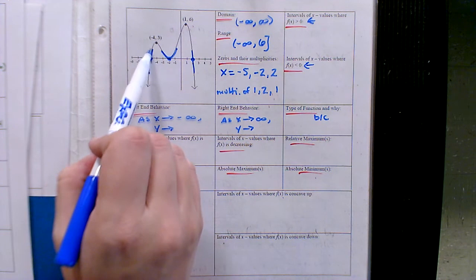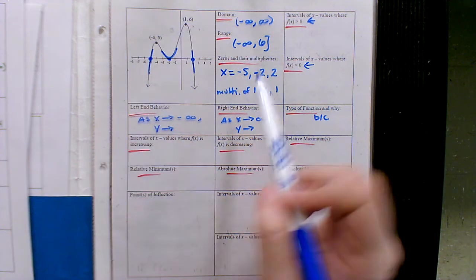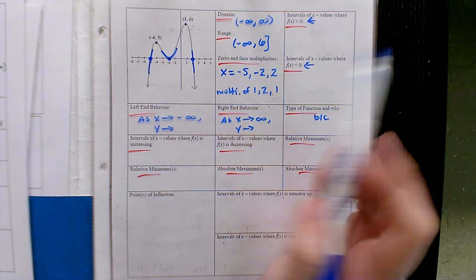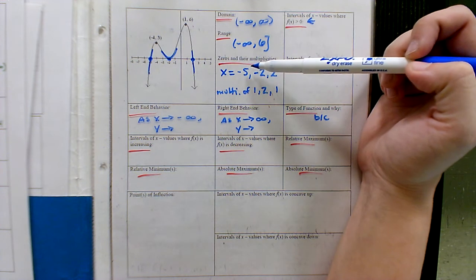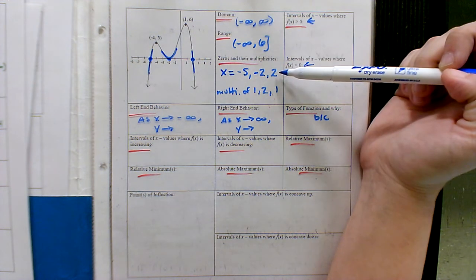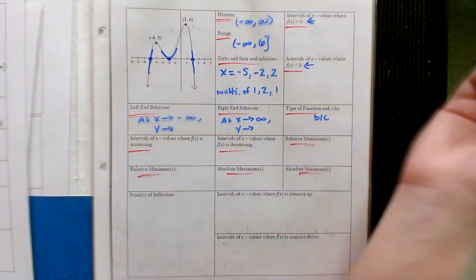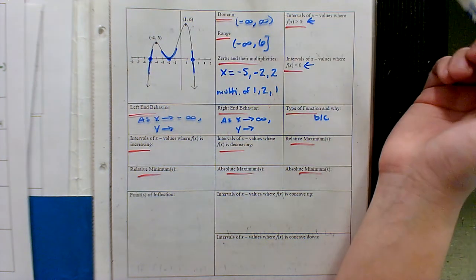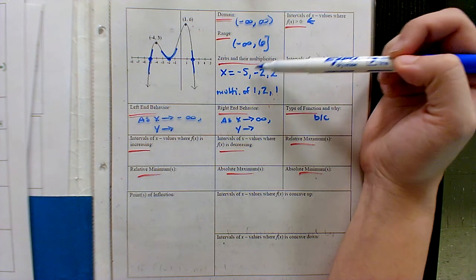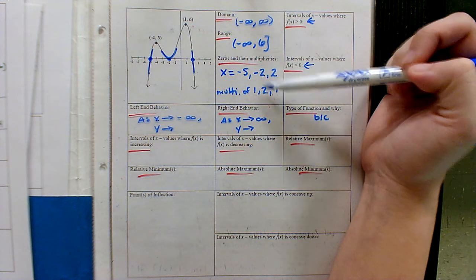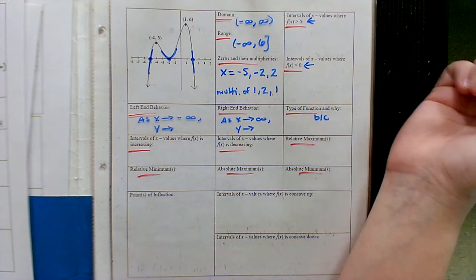If a graph goes straight through an x-intercept, that signifies a multiplicity of 1. The factors x plus 5 and x minus 2 would evenly divide into this polynomial, whatever the equation is, just once. Whereas the factor of x plus 2 would evenly divide in twice.